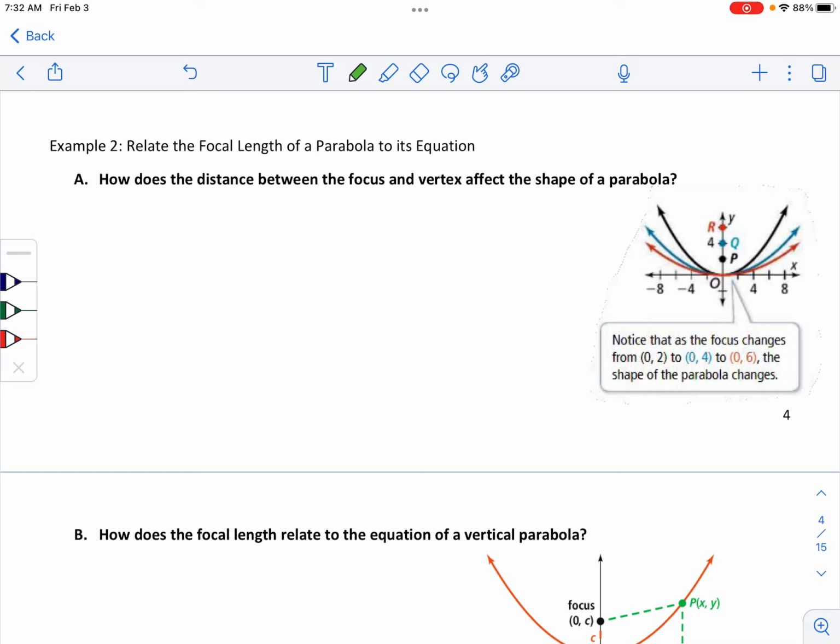So the larger the C value, the more vertically compressed the parabola is.